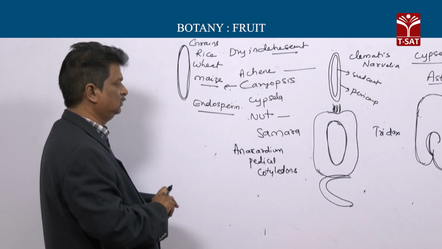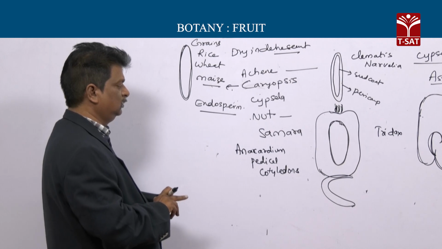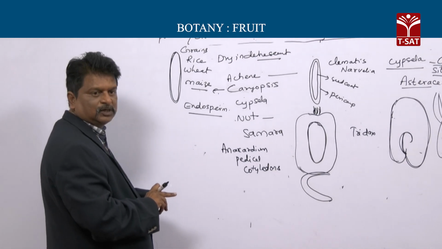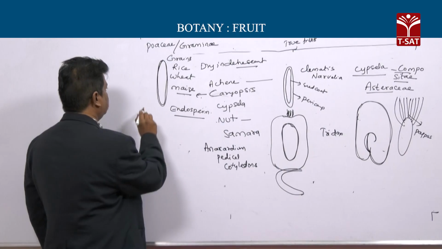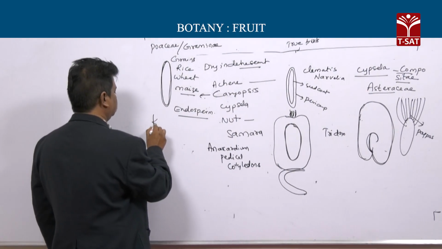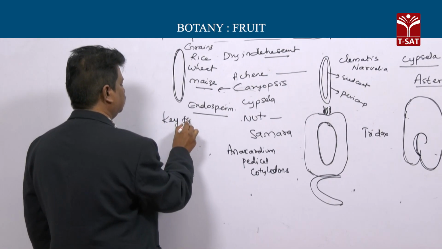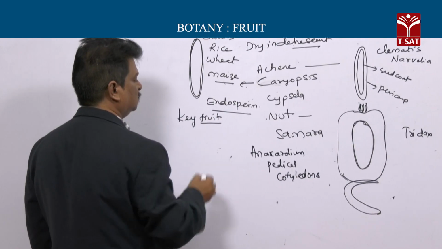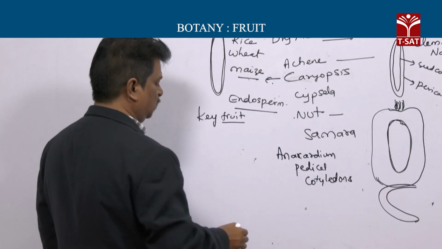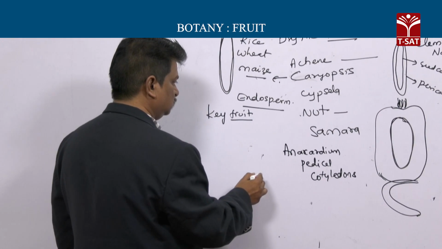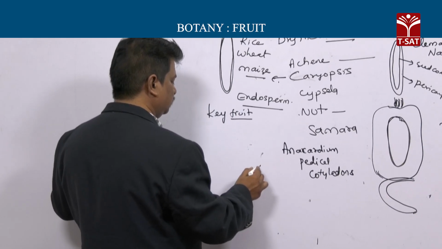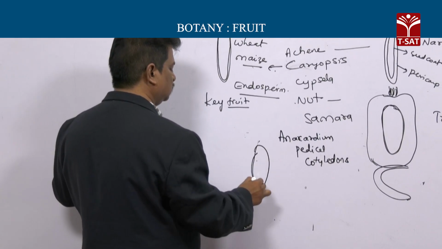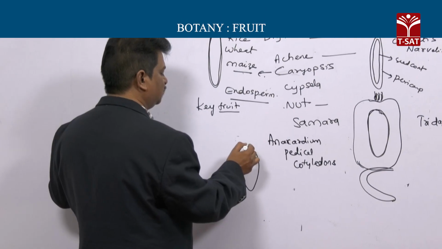Then under dry indehiscent fruits, the last one is the samara fruit. Samara fruits are also called key fruits, and the samara fruit is identified by the presence of wings.